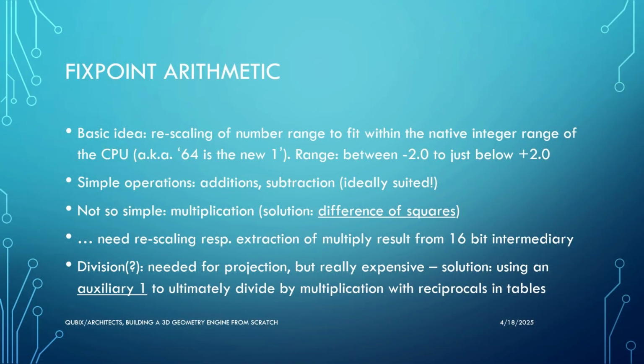If we have set up that system, additions and subtractions are elementary operations of the CPU. They are exactly as fast as integer operations, yet we are calculating with something that is like a float number for our purpose. What is not so simple is the multiplication.